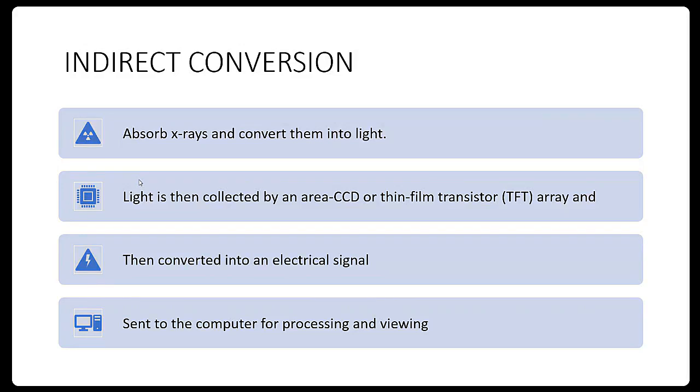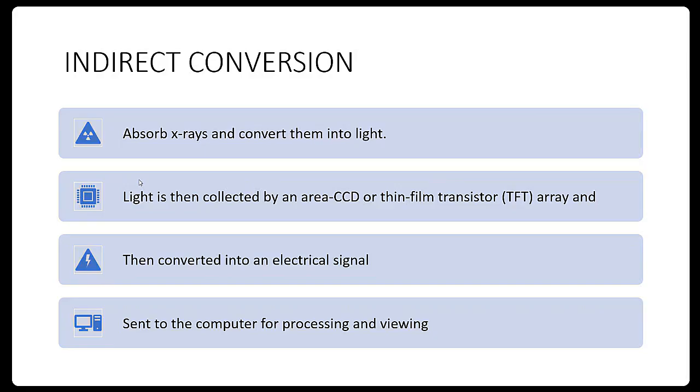So, what is a charge coupled device? A charge coupled device is a light sensitive sensor for recording images that consists of an integrated circuit containing an array of linked or coupled capacitors.